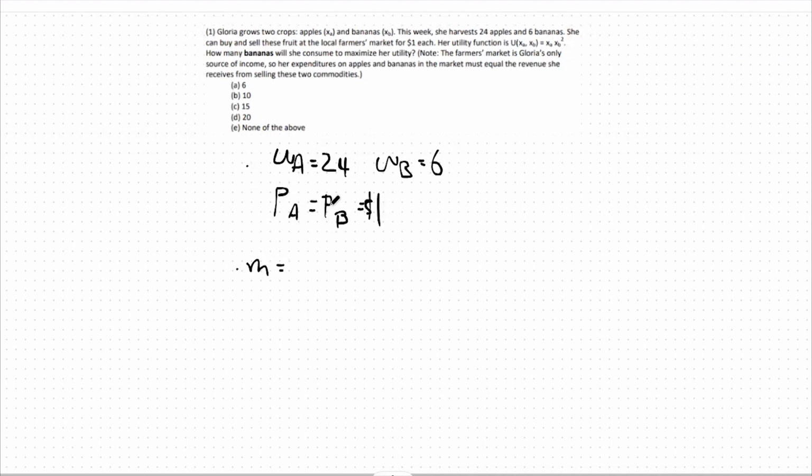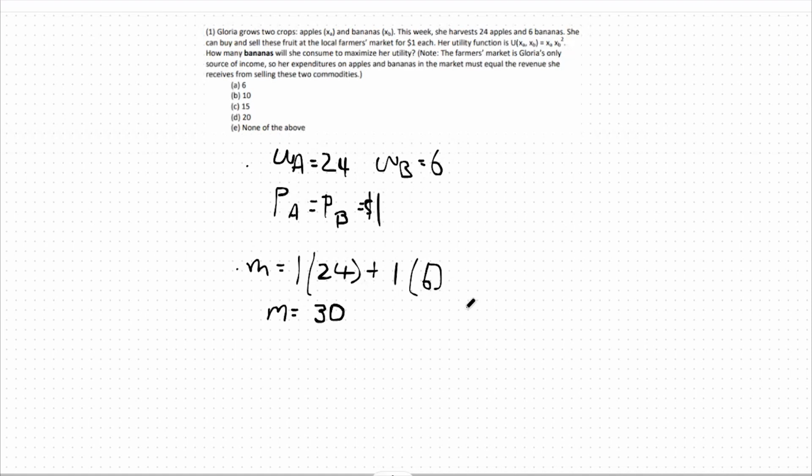Our income is going to be equal to the price that we can sell apples at, or $1 each, times the number of apples we start out with, plus the price of bananas that we can sell, times the number of bananas we can sell. All total, we start out with $30 worth of income.